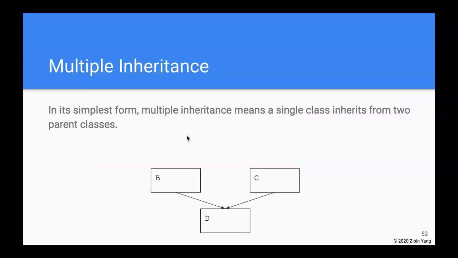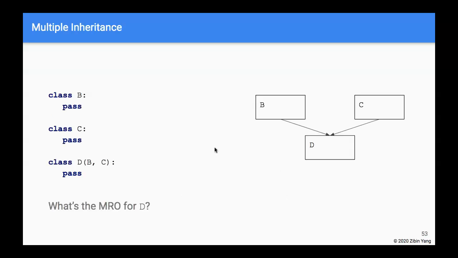Now, multiple inheritance in its very simplest form is that a single class inherits from at least two base classes or parent classes. So in this case, what is the MRO for D with two base classes, B and C?